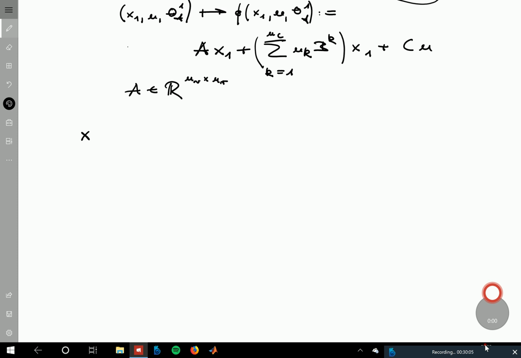If there would only be the A x1 term, then our system would look like this. If we write this out for, let's say, 3 regions, we would have the neural state of the first region, the neural state of the second region, the neural state of the third region. The rate of change of these is given by the matrix A times their current states.